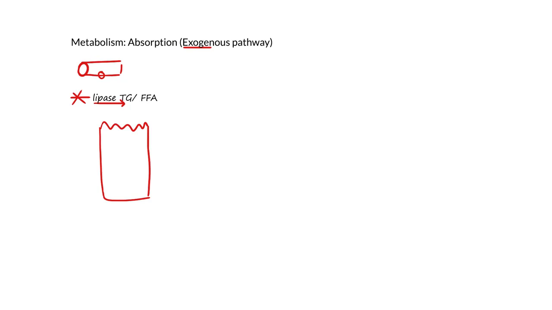Once they're separate, these can be absorbed into it, reconstituted into triglycerides, and then they're put into the nascent chylomicron. While we're here, note there's also a separate cholesterol channel, so-called NPC1 channel, and that's going to allow cholesterol to be absorbed, and that's going to also be put into the nascent chylomicron.